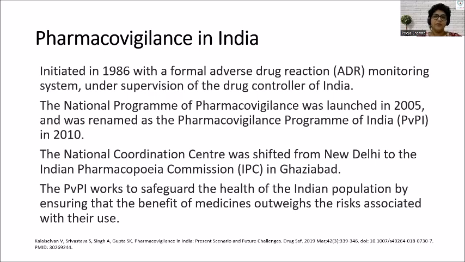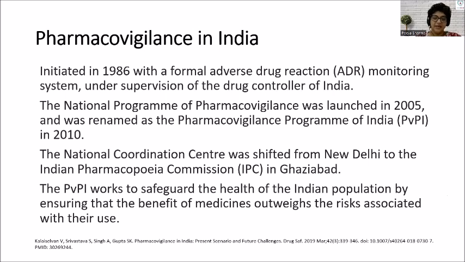The National Program of Pharmacovigilance was launched in 2005 and was later renamed as the Pharmacovigilance Program of India, called PVPI, in 2010. The National Coordination Center earlier was at AIIMS New Delhi, and then later has been shifted to the IPC, that's the Indian Pharmacopoeia Commission, in Ghaziabad, where it's currently stationed.